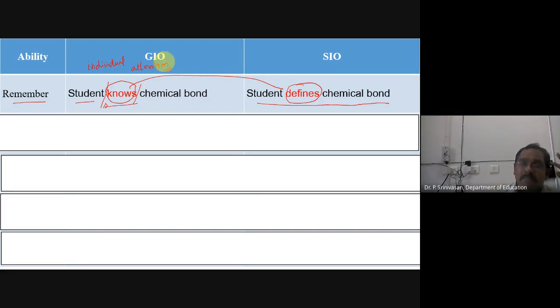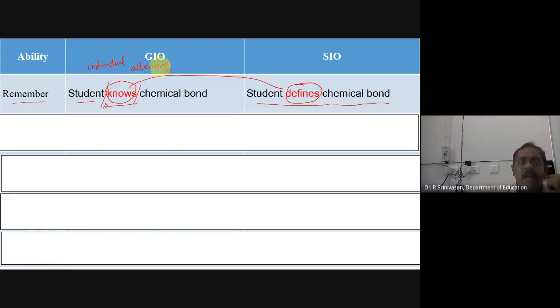So we are not using the plural, a holistic we are not giving. I attend all the 44, 46. In that way, we have to write, which means we are providing individual attention to each and every student. Therefore, student knows chemical bond. Student defines chemical bond. So never write in plural. That is why, to stress, I am telling.